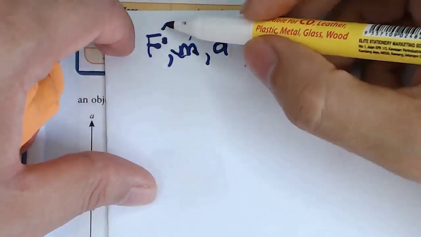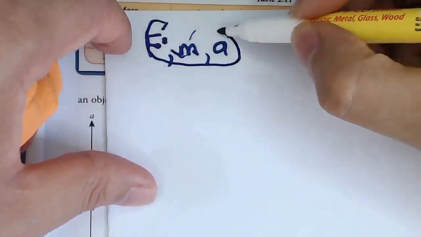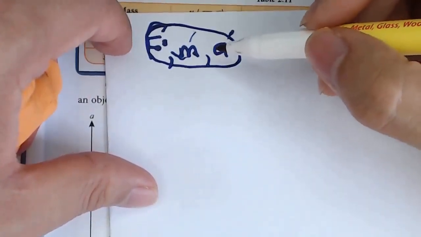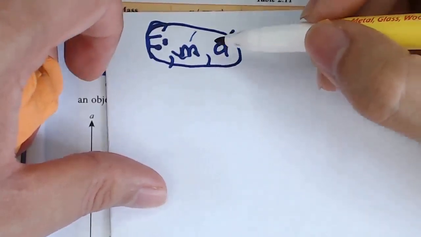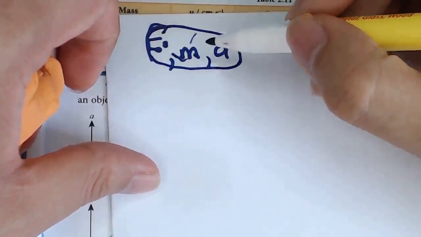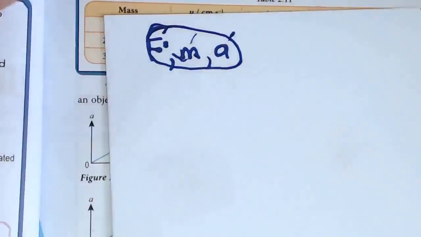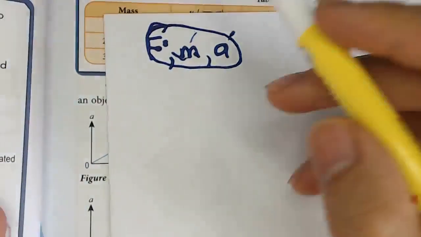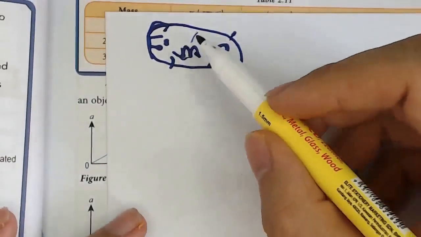So now, how do we relate the three of them? And eventually make a formula which relates all three of them. That is the idea. Okay. So in order to do that, you know what?